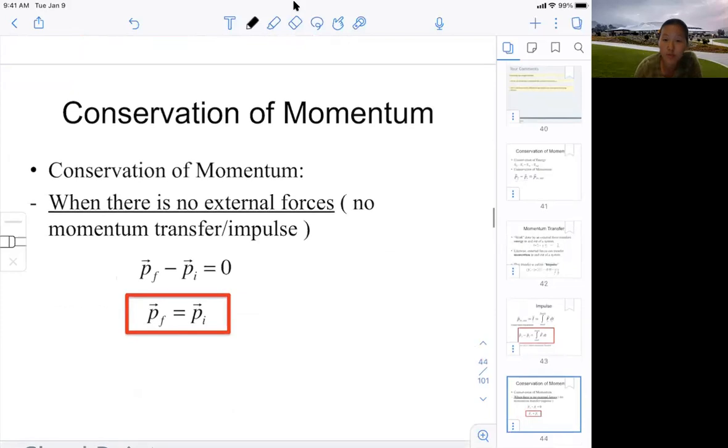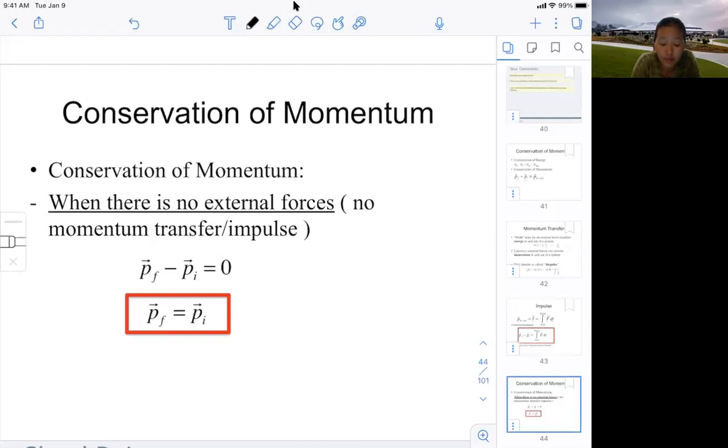A lot of times, pretty much 90% of the problems we encounter, there is no impulse. Either there is no external force on the system, so the force is zero, or the force is applied for a really short amount of time. That's why we do collision problems: the collision happens so fast that you can ignore the impulse in that short amount of time.